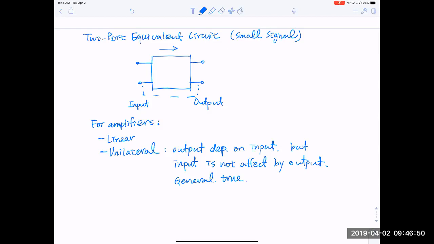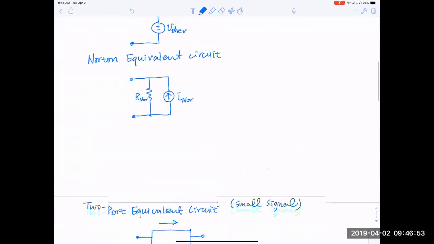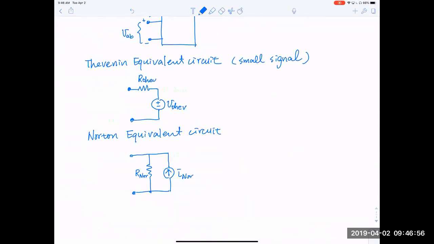Yes. It's a question about the previous Norton equivalent. When we do the small signal analysis for transistors, we usually use a dependent current source. Why do we do that? So the question is about the equivalent circuit for a transistor where we use a dependent current source. That is not to be confused with the Norton equivalent circuit, where it is an independent current source.